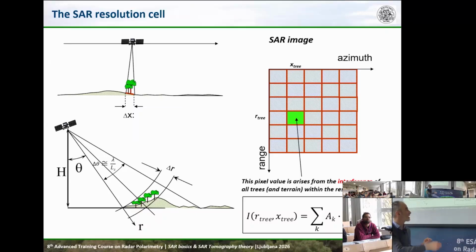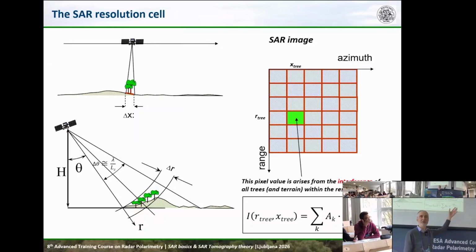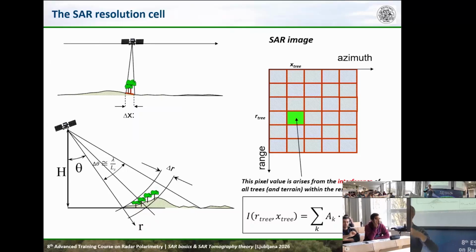And so the value of this pixel is given by this sum. Let's say that we have a certain number of targets, so you have A1, like the first tree, A1 times exponential of minus j 4 pi over lambda r1, plus A2 exponential, and so on. So it is the sum of many complex numbers that contribute to the same pixel.